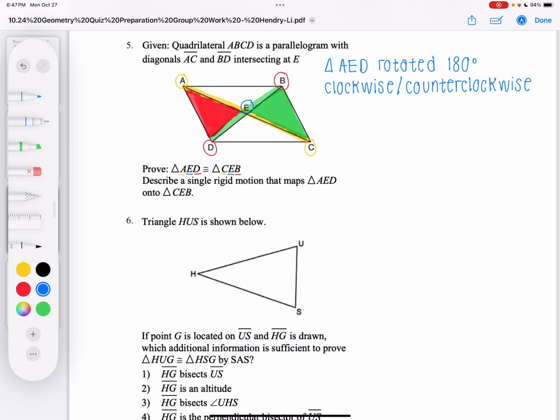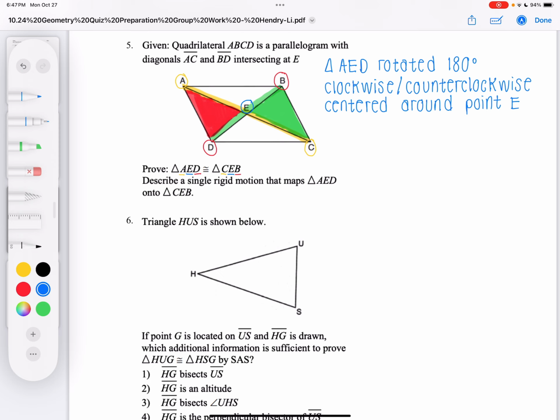Now we have the degree, we have the direction, we need to say it's centered around point E. Remember, when we're describing a rotation, we need those three things: degrees, the direction, and where the center point is, where it's rotating.